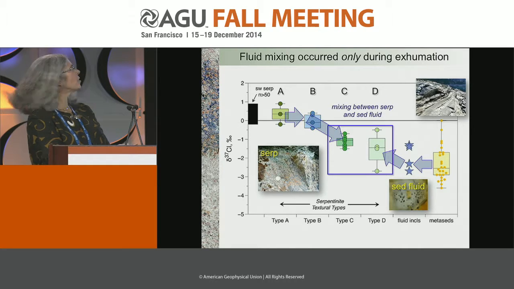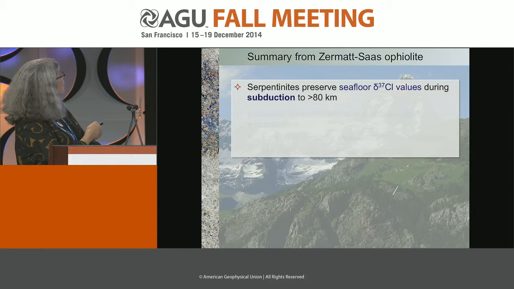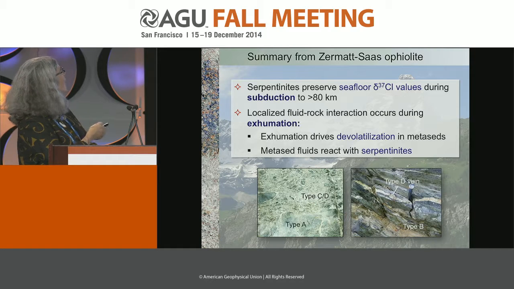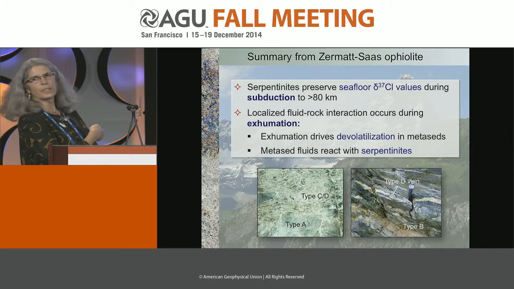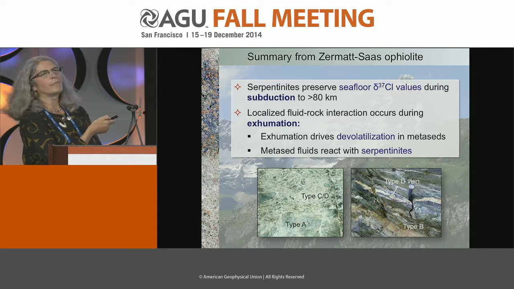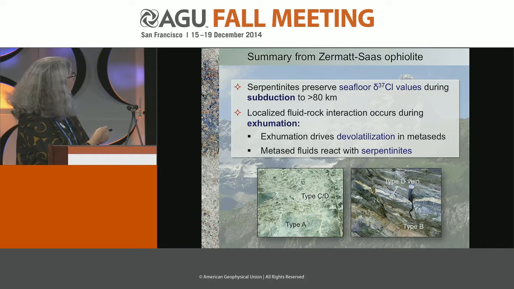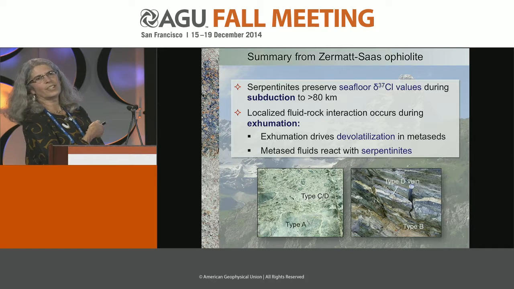So these data are now telling us that serpentinites preserve their seafloor values during subduction to at least 80 kilometers depth, maybe greater. But during unroofing, we get localized reactions that cause mixing with fluids derived from the sediments that have also gone down the same subduction zone. And so that mixing is only happening during the exhumation phase.